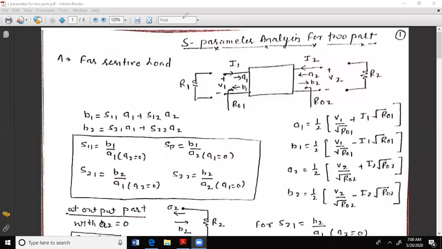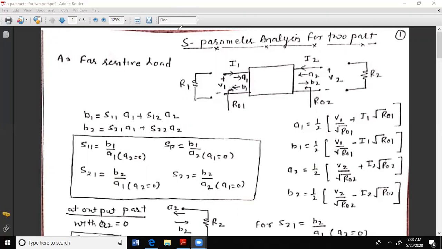In this lecture, first we discuss what an S parameter is and its significance. Then we will discuss a numerical example and find all the S parameters. And in the next lecture, we will verify our theoretical result in the Cadence Virtuoso tool.